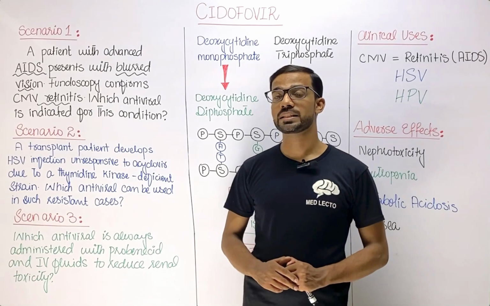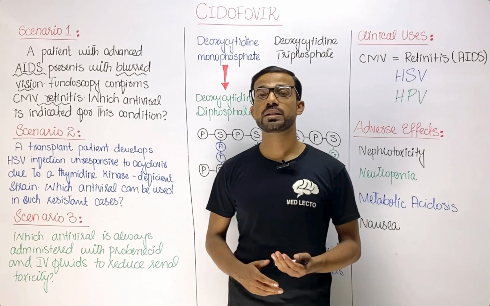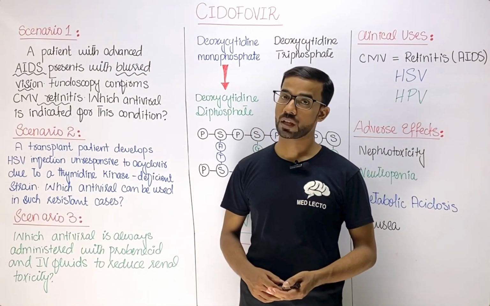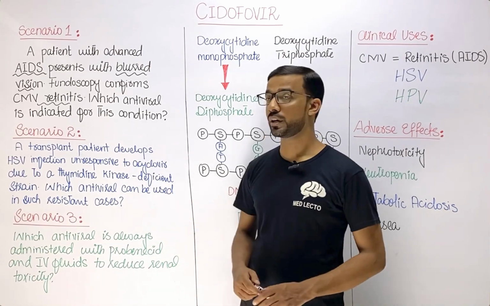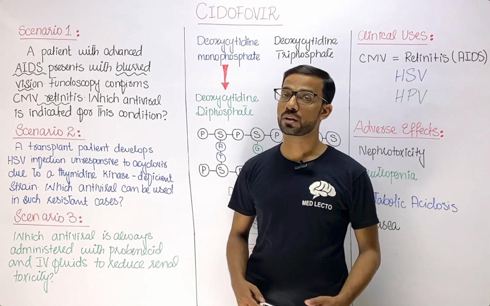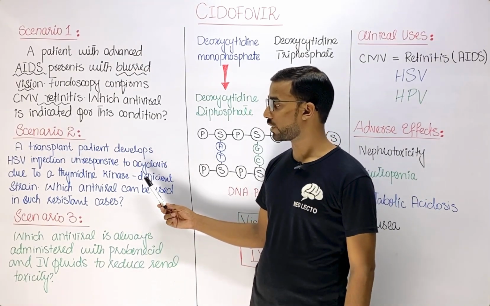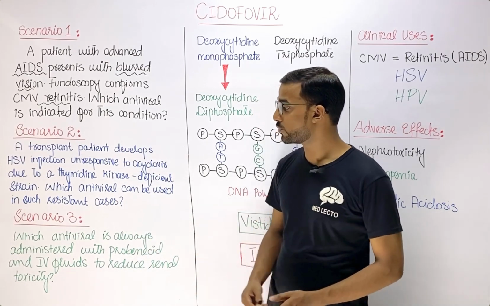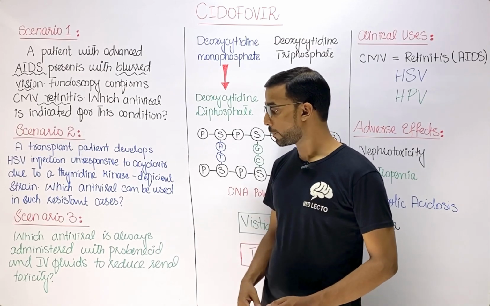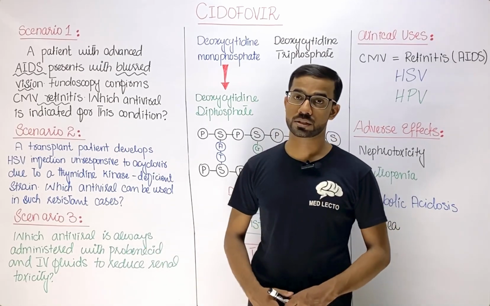In that case, the drug will be Cidofovir, because Cidofovir doesn't require any kinases for its activation. Otherwise, acyclovir does. So that is why the answer will be Cidofovir. The third scenario is: which antiviral drug is always administered with probenecid and IV fluid to reduce renal toxicity?